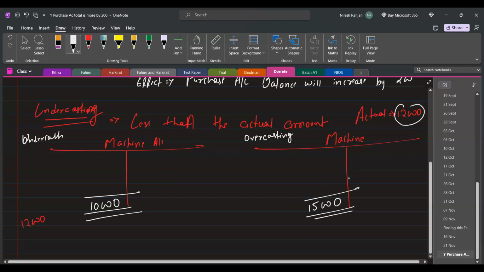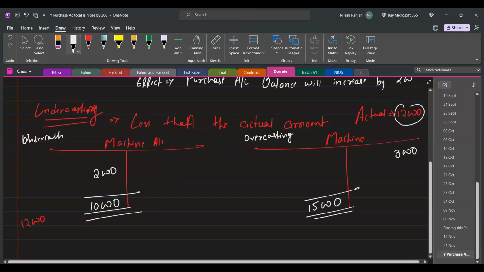How much amount will you write on the credit side? 3,000. And in this case, you will write 2,000 on the debit side.